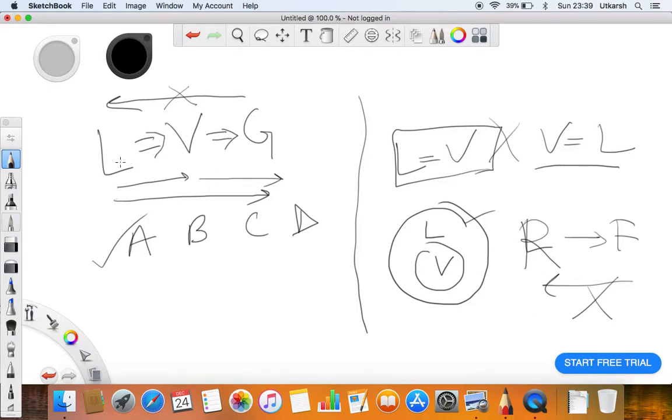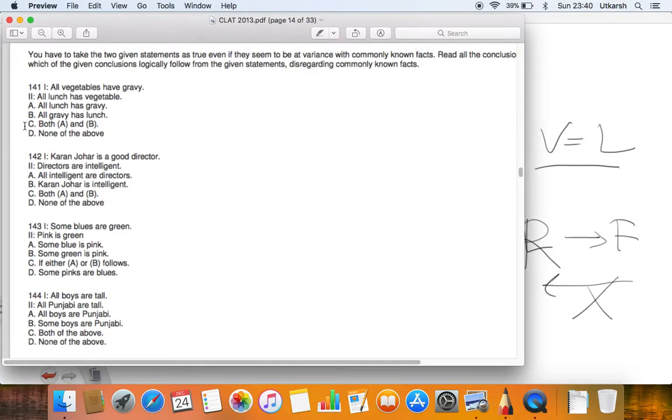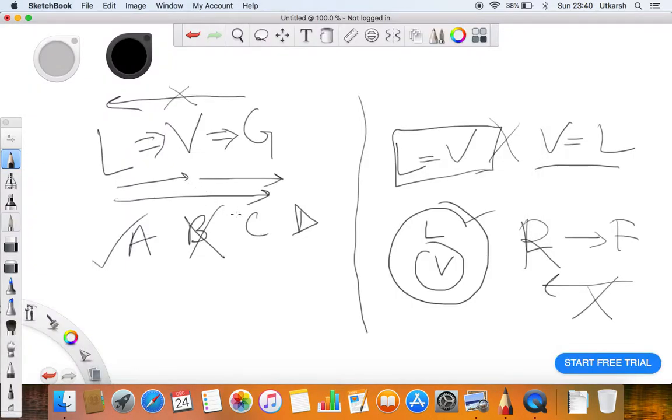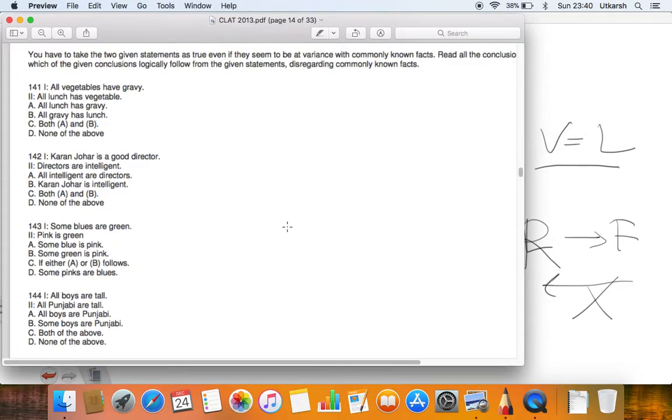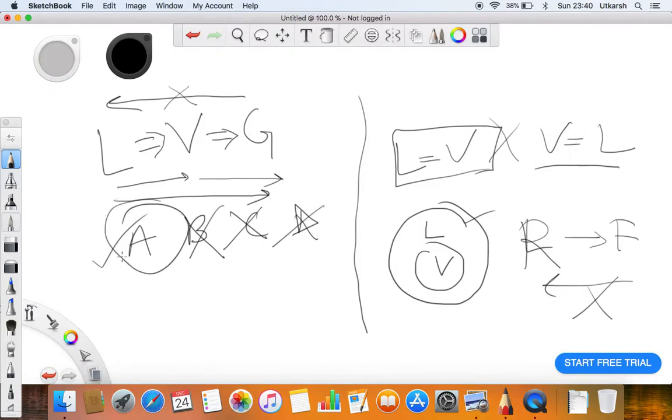Same thing: all lunches have gravy does not mean all gravies are lunches, right? Gravies might be dinner, for instance. So this is incorrect. C, both A and B, is also incorrect, and D, none of the above, is also incorrect. So your answer is A.